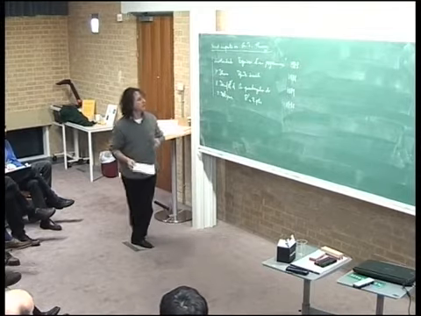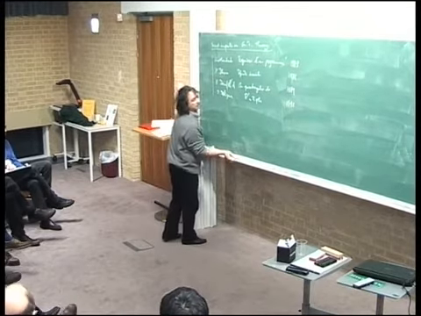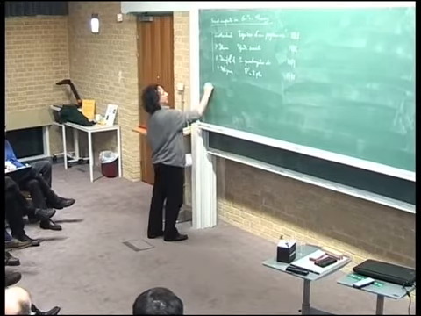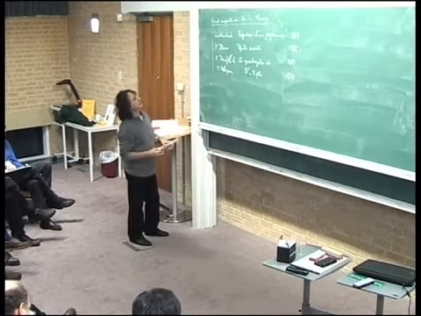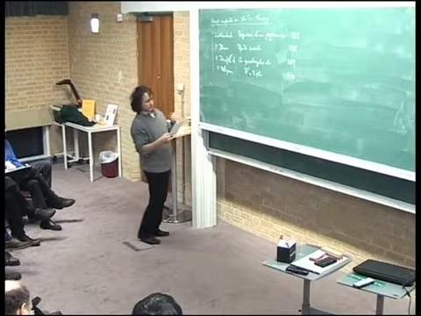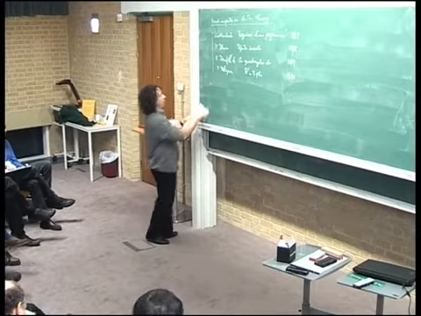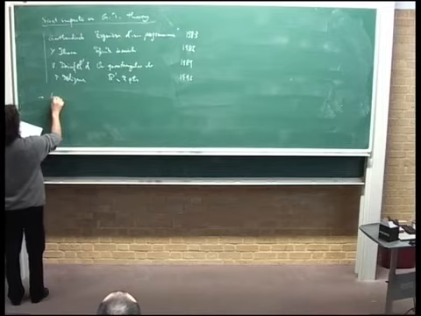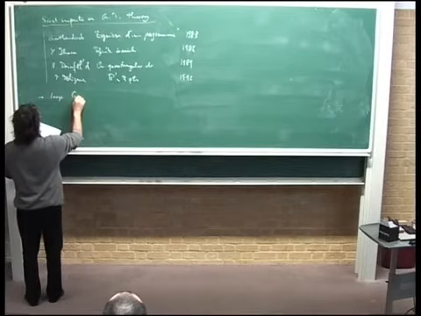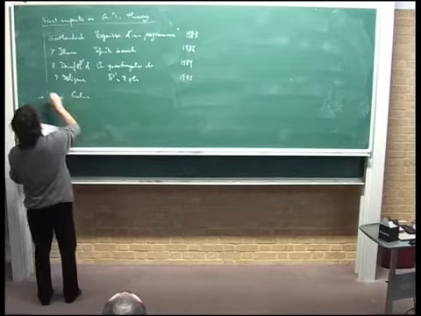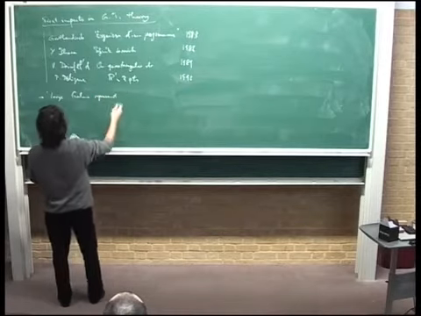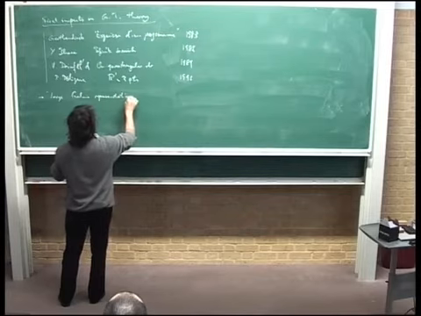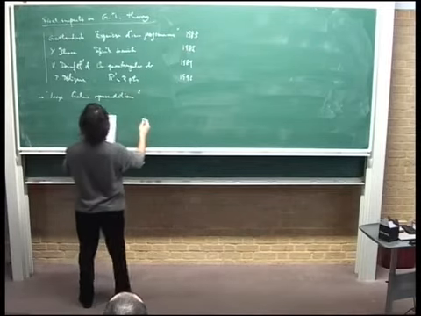And now I write 3 messages, which I'll try to explain or detail. So the first message is large Galois representations, which is a slightly outmoded way of putting it, but it's the way Y. Ihara used to call them.